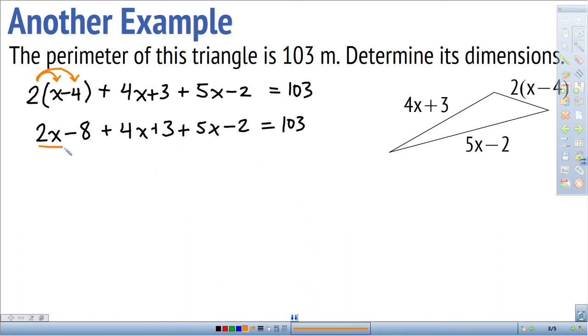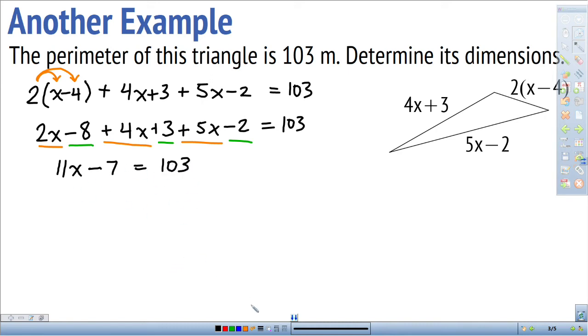I have 2x plus 4x plus 5x. If I add those three together, 2 plus 4 is 6, 6 plus 5 is 11. So that's 11x. These are the constant terms: negative 8 plus 3 minus 2. Negative 8 minus 2 is negative 10, plus 3 is negative 7, is equal to 103.